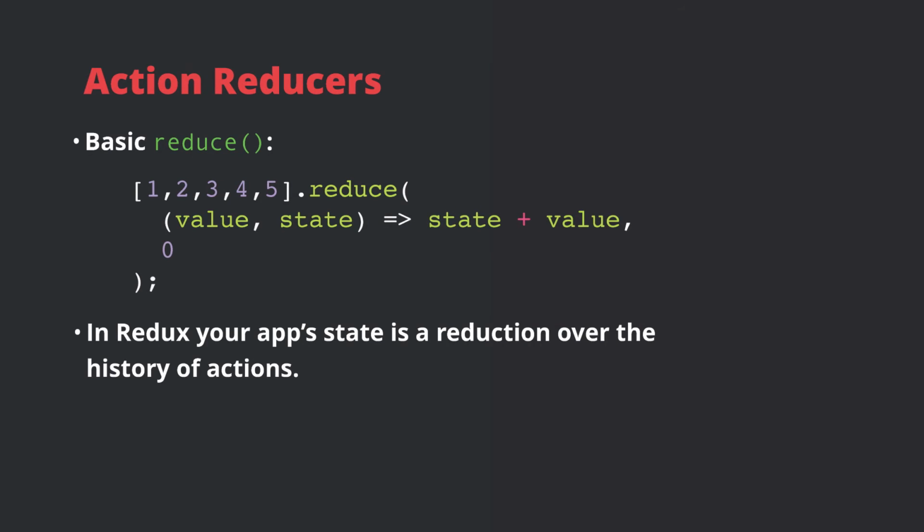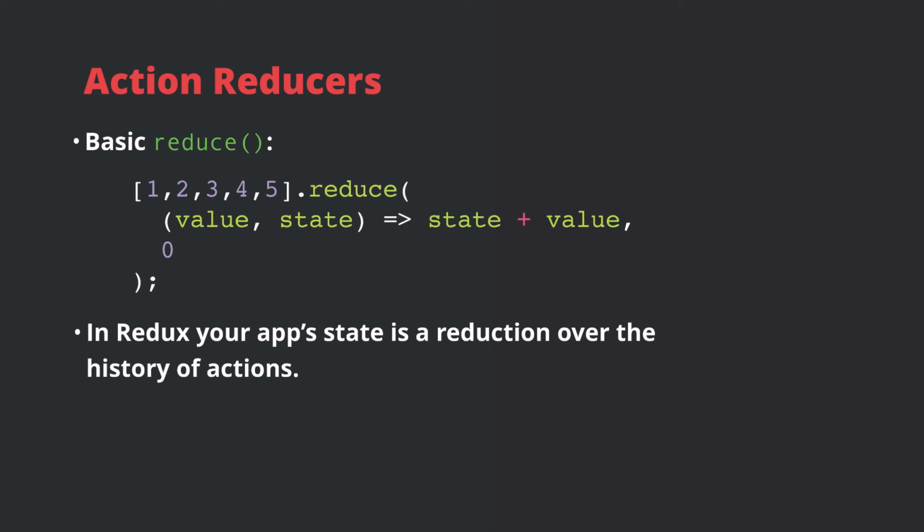What reduce does is that it takes two arguments. The first is a function with two arguments, where the first is a value, which will be repeatedly different items of the array on which we call reduce, and then the state, and it outputs the new value of the state.